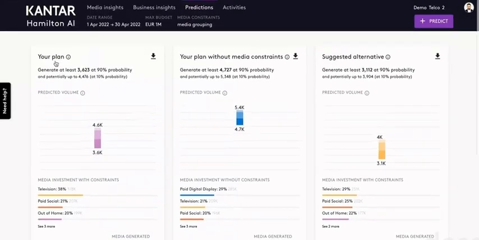You will get the plan you briefed for, and it states with the 90% probability what type of outcome you can expect. And in addition to that, there's a potential for even a higher outcome with a lower probability. These are the snapshot of the distribution of the probability of the outcome.